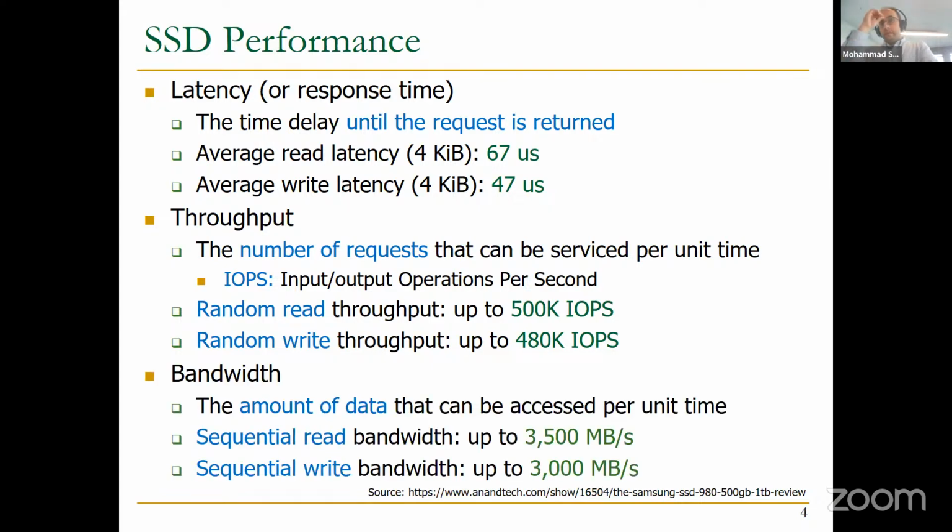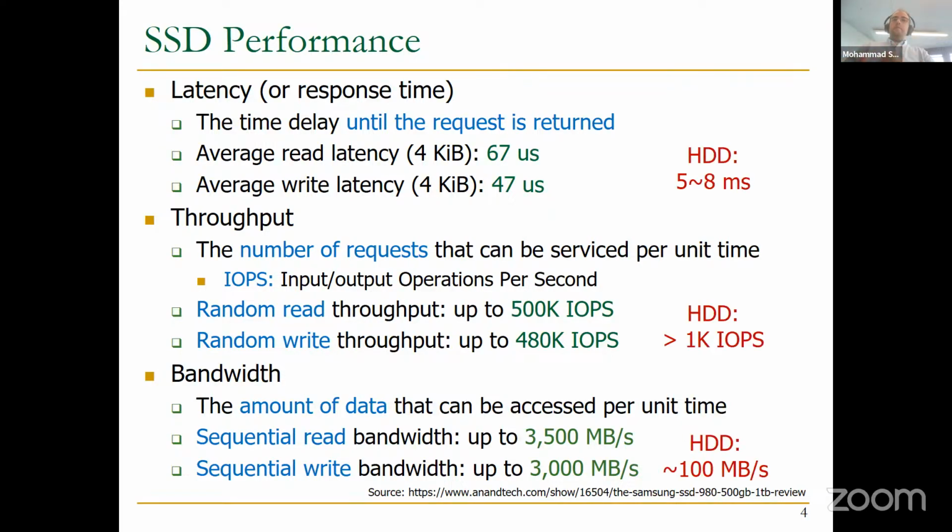And bandwidth is the amount of data that can be accessed per unit time. Usually, when you want to calculate the bandwidth, you have a workload with a sequential data pattern, so sequential read or sequential write. The sequential read bandwidth is up to 3,500 megabytes per second, and for sequential write, bandwidth is up to 1,300 megabytes per second.